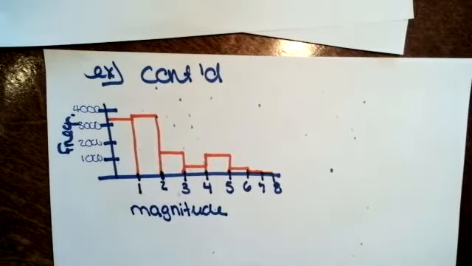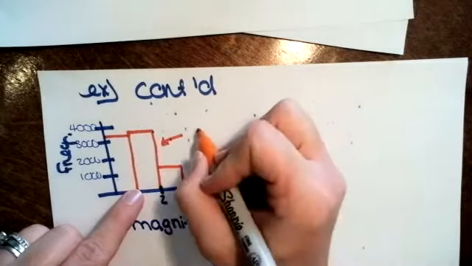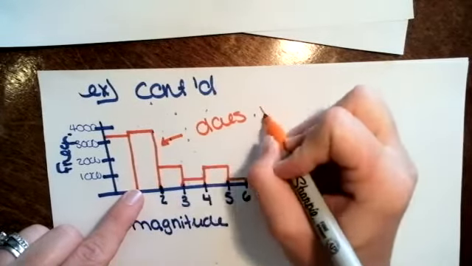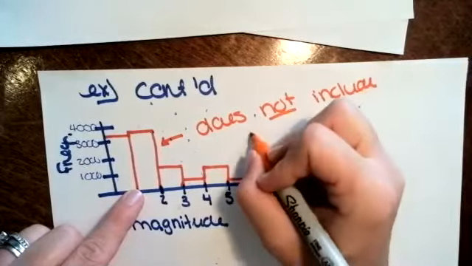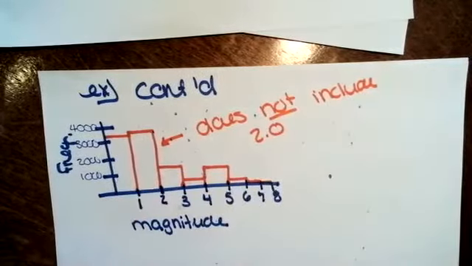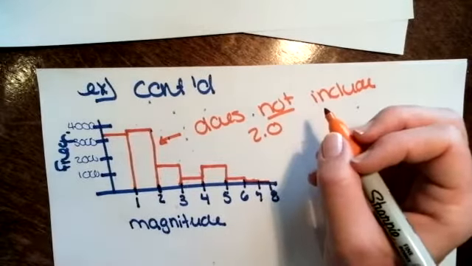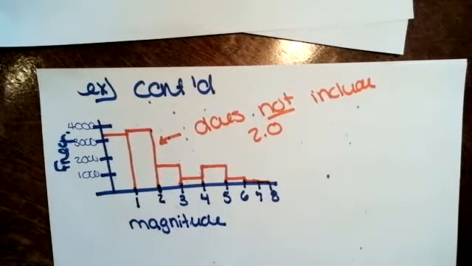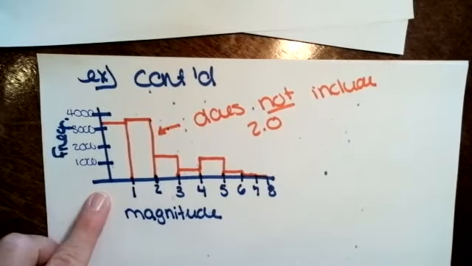Okay, so I just want you to make a note that the bars do not include, so like this one, this bar does not include 2.0, it just goes up to 2.0. Okay. All right. So this is my continuous histogram.